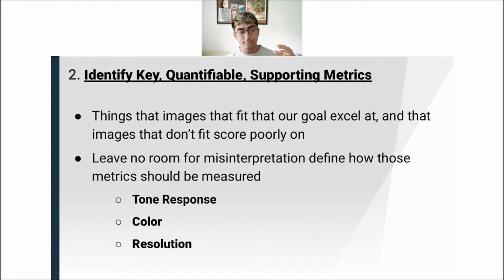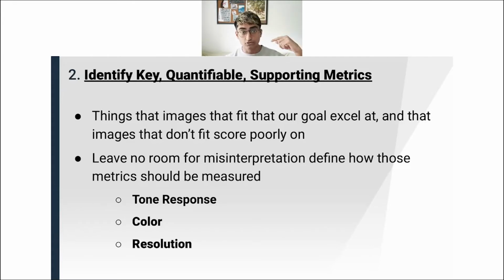So today I want to pick 3 key things that I think are very important to image quality: tone response, color accuracy, and resolution. So how good your reproduction of the grayscale or the luminance across an image is, how accurate your color is to the original, and how good your detail is in your image.